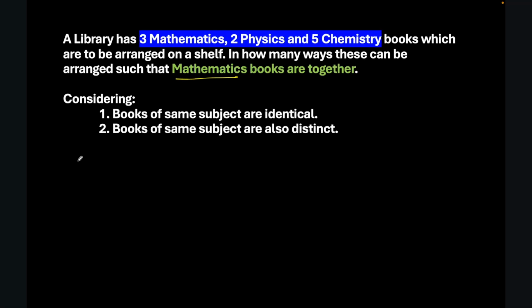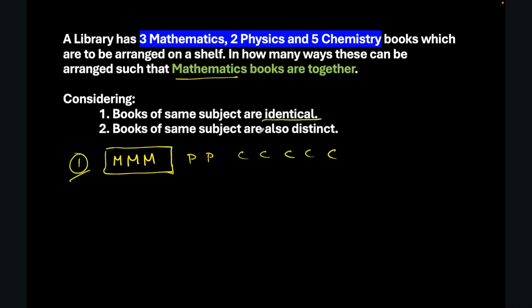So our initial situation can be kind of like math. This is one entity of itself, and then we have your 2 physics, and then chemistry 1, 2, 3, 4, 5. Notice that I didn't put the subscript for the first case because the books are identical. They're not different from each other.